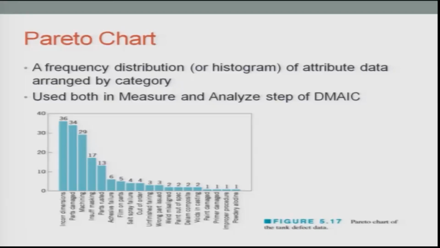On the leftmost column you have all the different types of defects, put along the y axis, and the number of defects marked along the x axis. For example, adhesive failure is 6 in number, and machining is 29 in number. So you can understand the overall frequency of errors from different defects, then understand the whole process and take corrective actions as required.